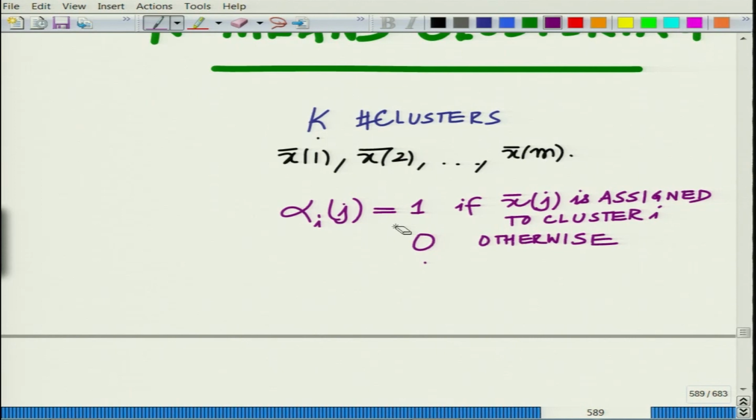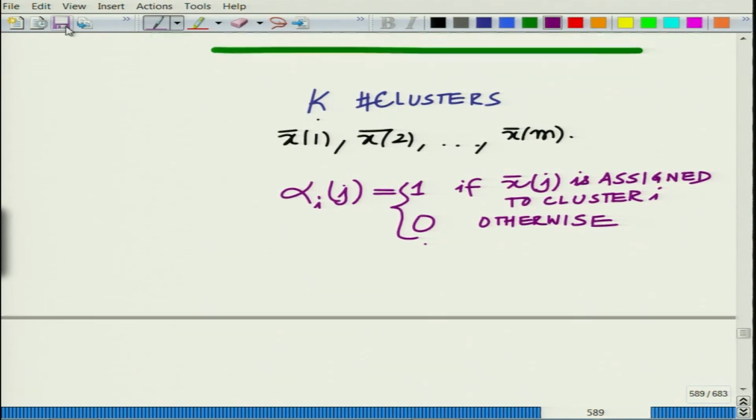So, these are the assignment parameters that have to be determined.